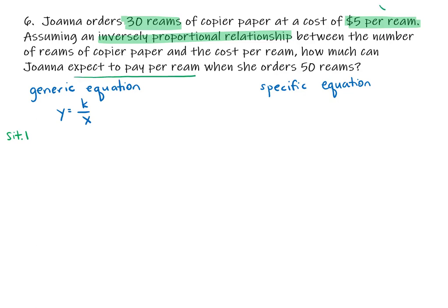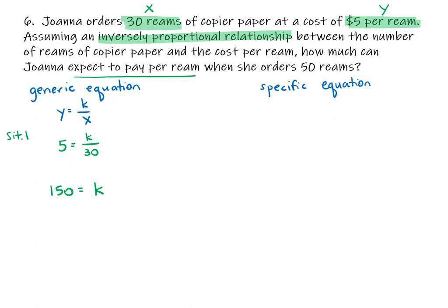So that's going to be $5 in our first situation, and how many reams would be our x variable. So we're going to say y is equal to k over 30, using all the information from the first step. I'm going to multiply both sides by 30, and I get 150 is equal to k. So that's my first step.